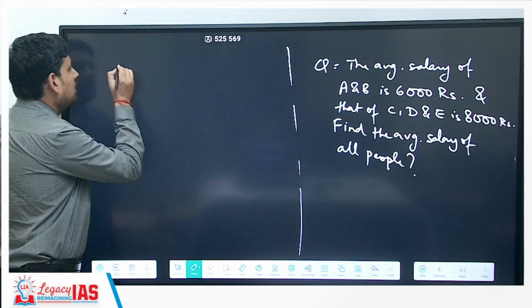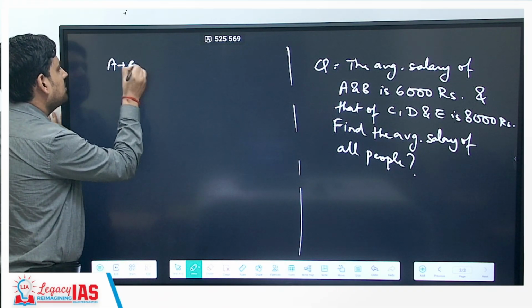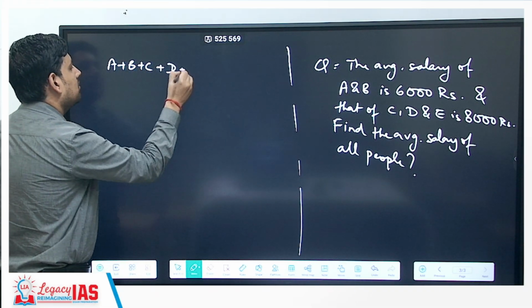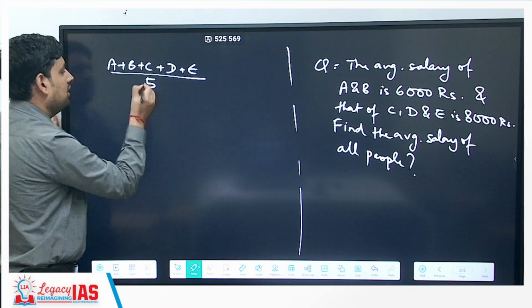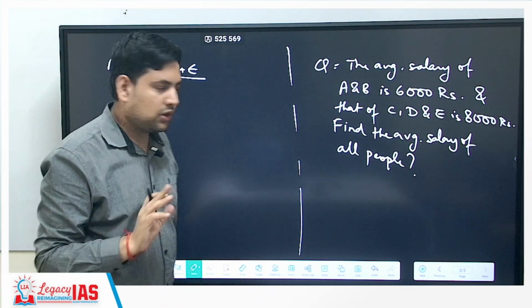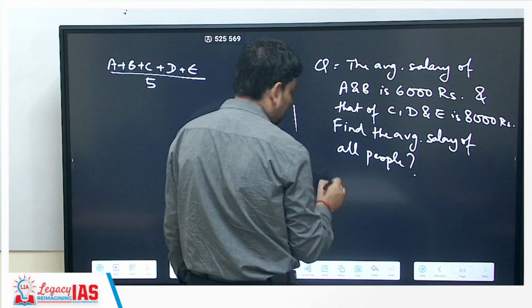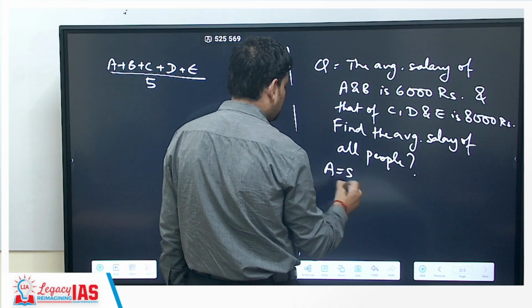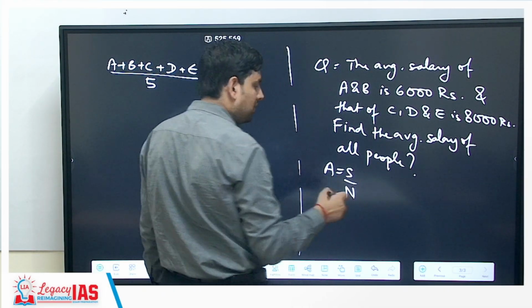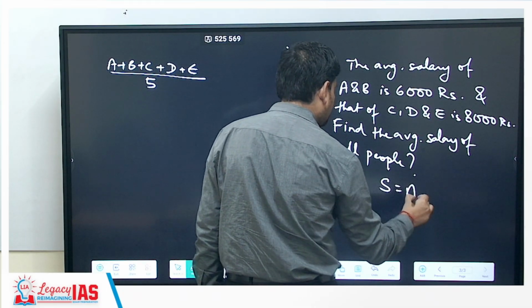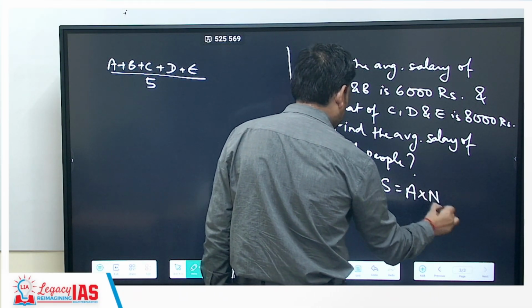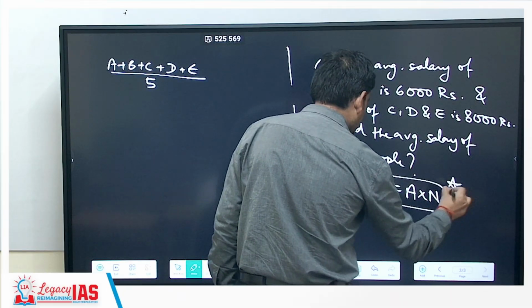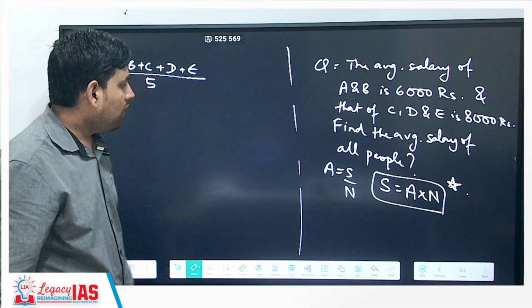So what do I want to find? I want to find A plus B plus C plus D plus E by 5. This is what I want. Now, I told you that apart from average is equal to sum upon number, another form that you should remember is sum is equal to average into number. And this is what we'll be using now.